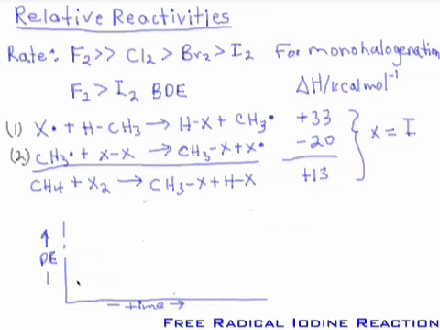If you translate this into the potential energy diagram, you have I dot and CH4, and it reacts to produce HI and CH3 dot.